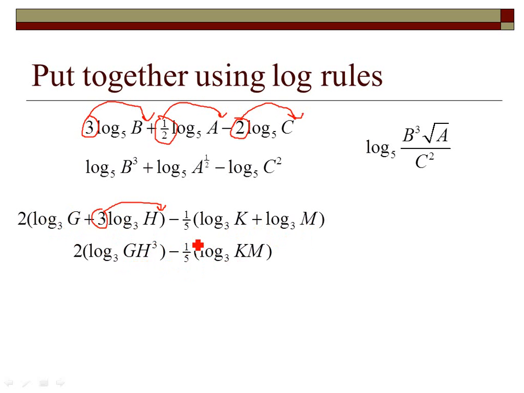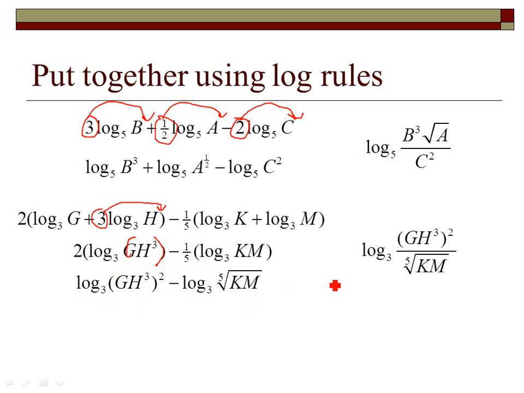Now, this square is going to go and affect all of the g x cubed. So the whole thing is going to be now squared over, because the minus, raised to 1/5 is the 5th root. And then, because the minus, I'm making a division problem. Okay, that's breaking up using log rules.